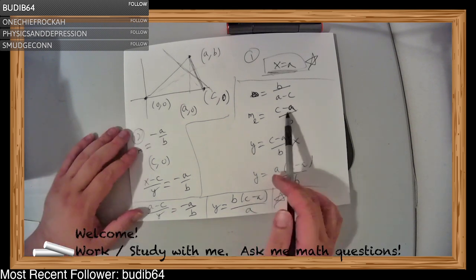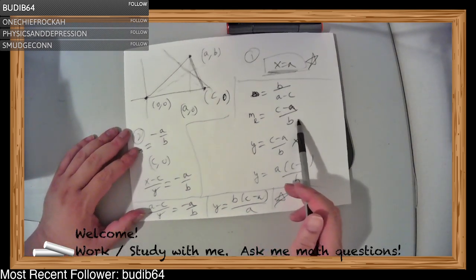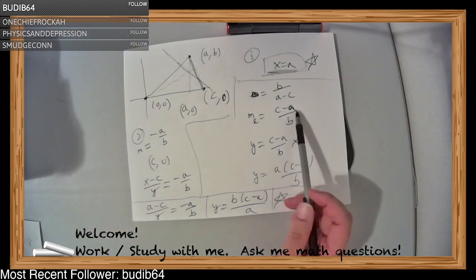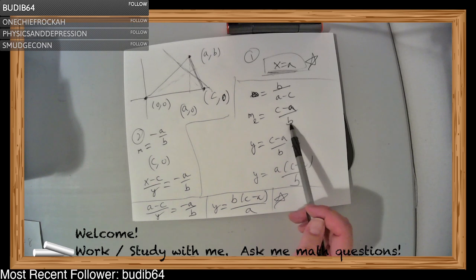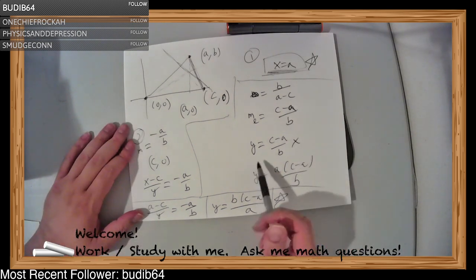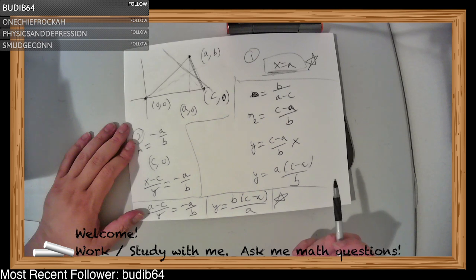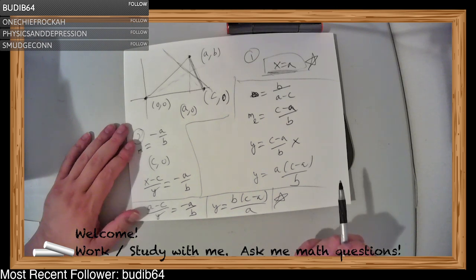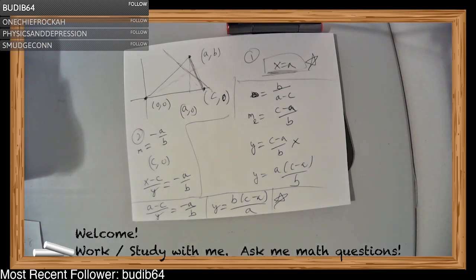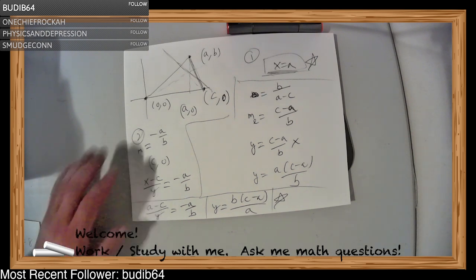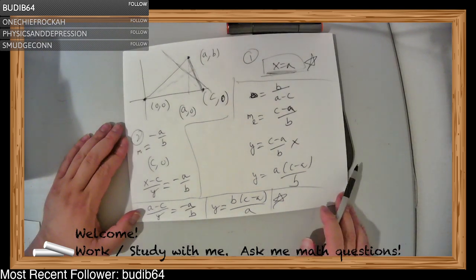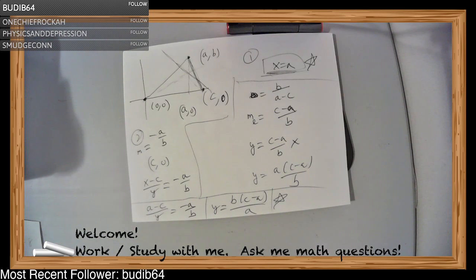Okay, so the slope of the line has to be the negative reciprocal. That seems right. Okay, all right. Okay, something went wrong somewhere. Okay, what have I done wrong?